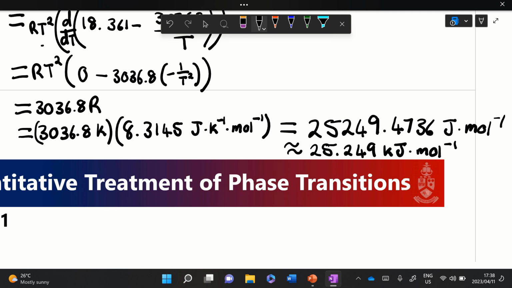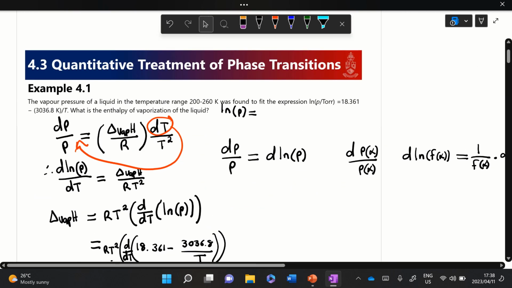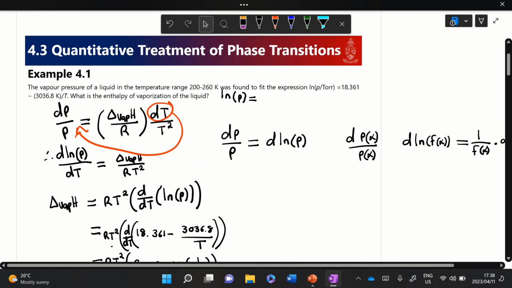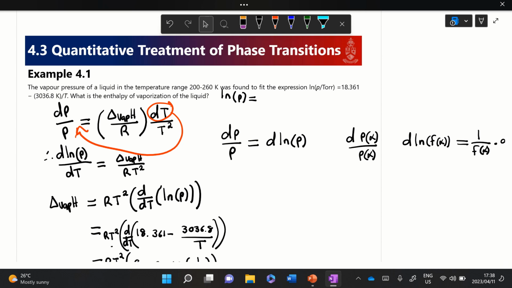Yeah, it's a very nice little example. There's another similar question in the exercises for Atkins, which will use the same trick again. That's why I did this, because I thought it might be a bit challenging.